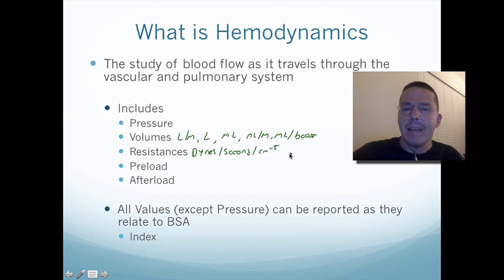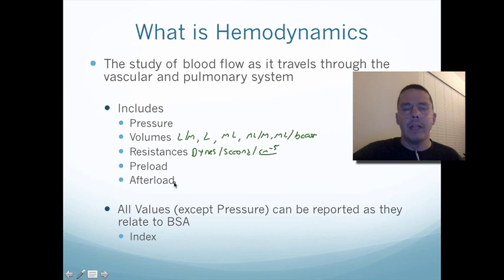A dyne is a very, very small unit of force. Because we're measuring flowing blood, we have to do this in force per unit of time. The reason we have these centimeters to the negative fifth is because it's such a small volume and such a small force. Preload pertains to the amount of force that is attempting to fill a ventricle, or push the blood forward, while afterload is the exact opposite.